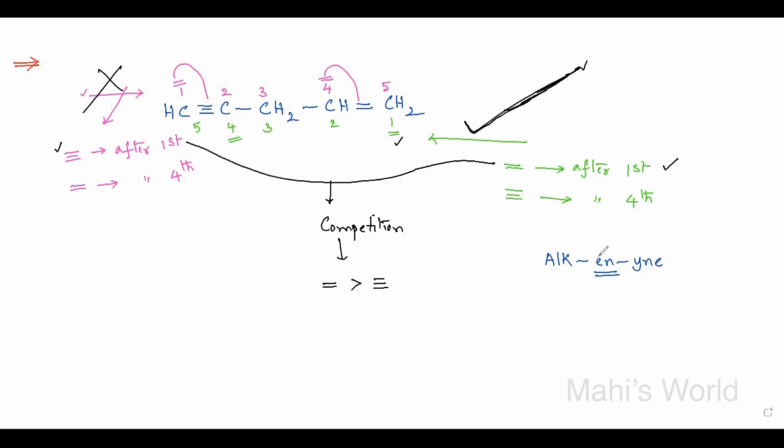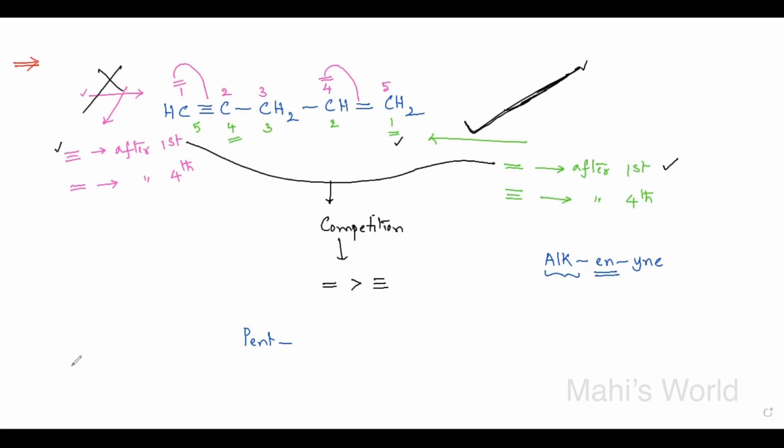I have removed the e because this is sounding as y. So what is alk here? Alk is nothing but the root word. You know there are 5 carbons, so pent. En means double bond.